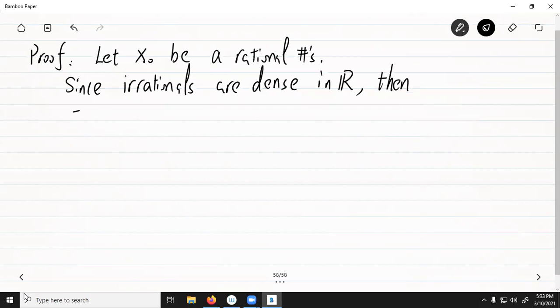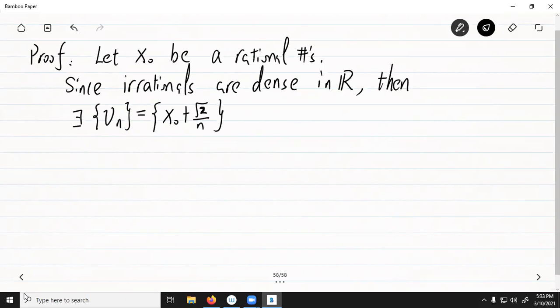there exists Vn. You can take Vn to be x naught plus square root 2 over n. But anyway, you don't need that, okay?